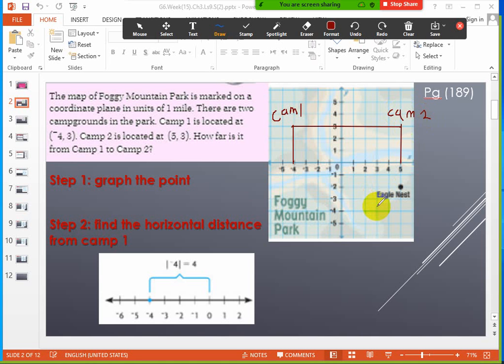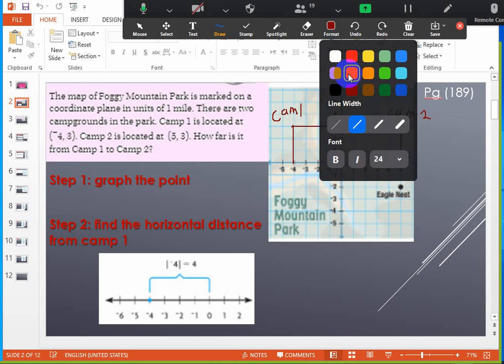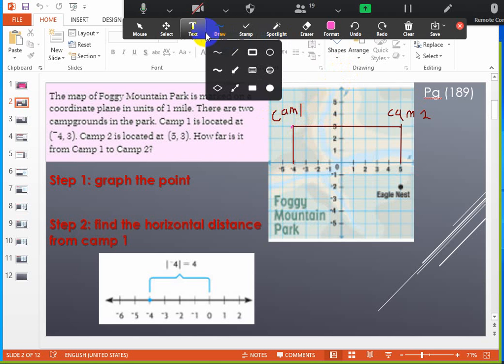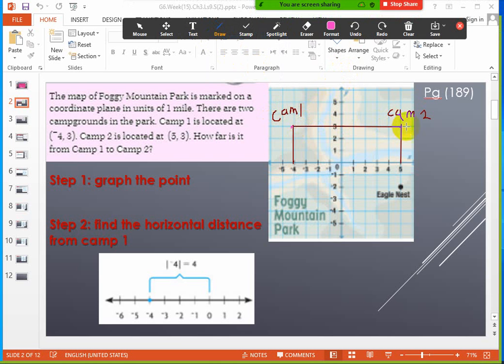Now girls, the first step, you have to locate the points on the coordinate plane. The second step, look at the points here. The two points are on the same horizontal line, which is this line. Point 1 is here, and point 2 is here.